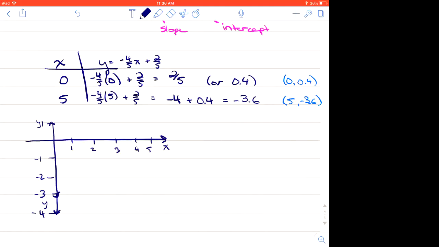So 0 and 0.4, x is 0, y is 0.4. Let's put it somewhere here. If this is 1, then this must be 0 and 0.4.